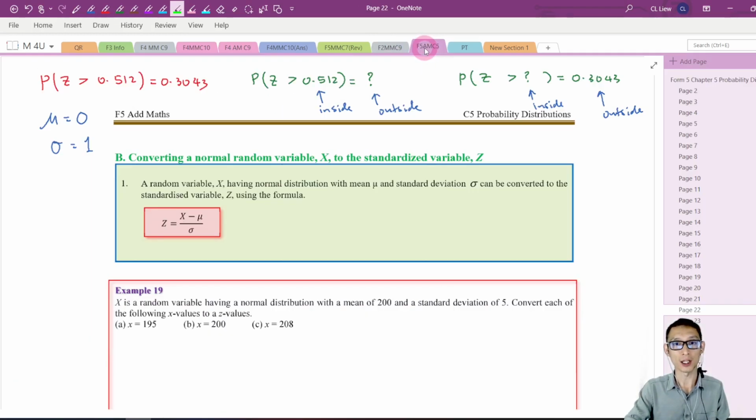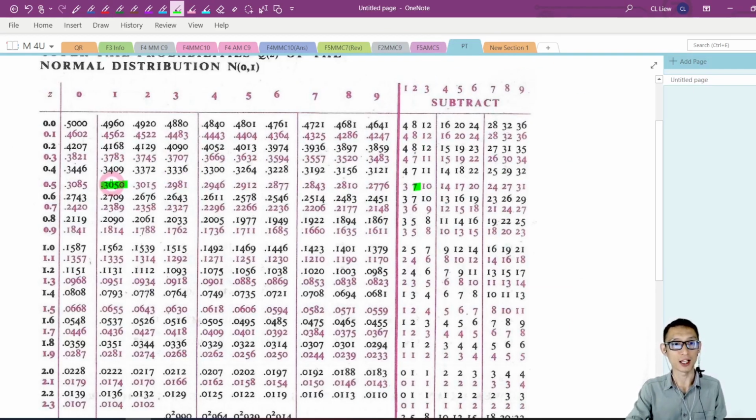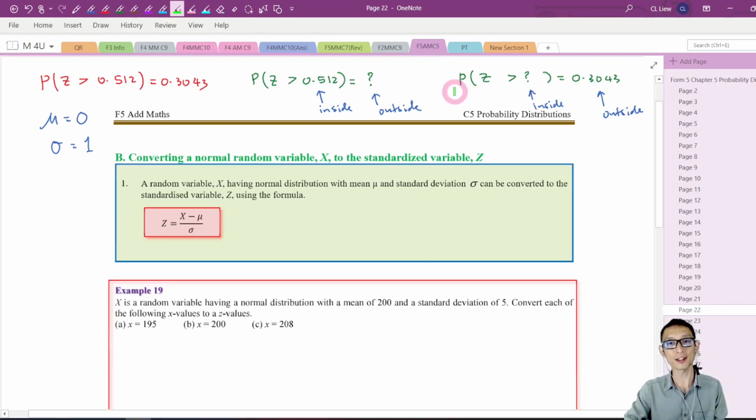Since I'm looking for 3043 but I don't see 3043 over here, I'm going to get a value which is slightly greater than 3043, which is 3050. I need to minus 7. So now our answer will be 0.512. Remember, if you want to find the value for outside, start from outside. If you want to find the value for inside, start from inside.